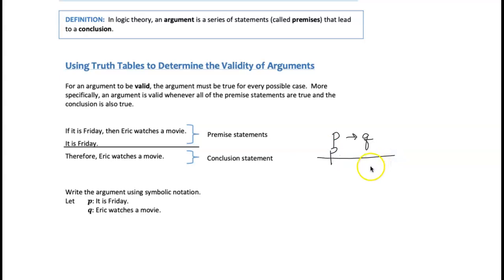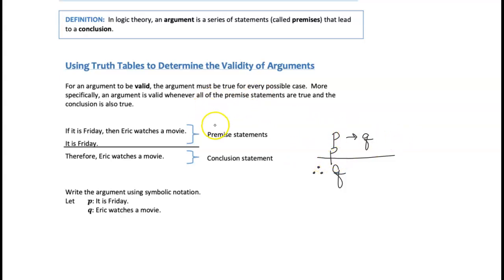Below the horizontal line is the word therefore. For mathematicians, a lot of times they use the symbolic notation of three dots in a triangle form for the word therefore. And then writing the statement Eric watches a movie would be restating statement Q. So we have two premise statements above the horizontal line.